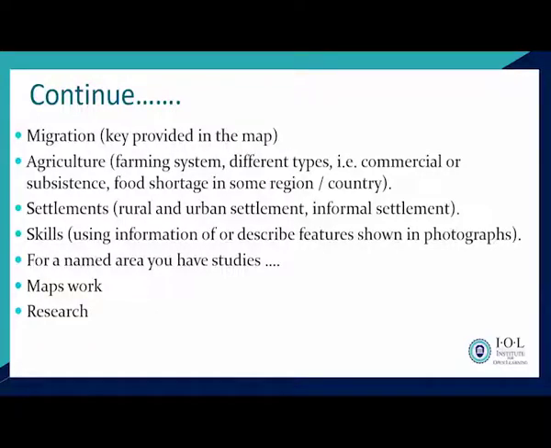Before I move on from migration, when we ask you to describe the push and the pull factors, make sure that you avoid contrasting the idea of moving due to poor education and better education. Choose another point. Avoid that one because it will make you lose marks. We want to see different ideas because there are plenty.